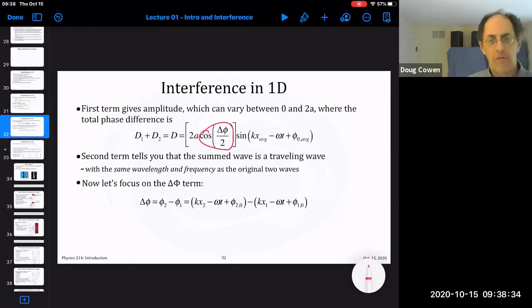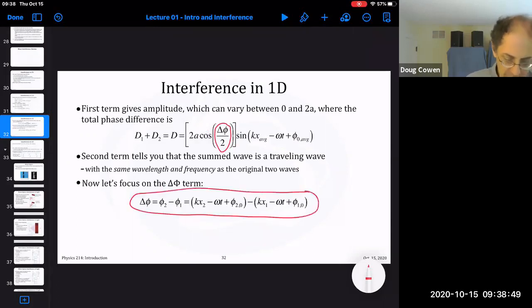All right, so let's focus on this delta phi term inside of the cosine. In particular, we're looking at this piece inside here, so that's written out down here. It's the difference between those two arguments. And you can see right away that these terms that depend on time cancel one another.